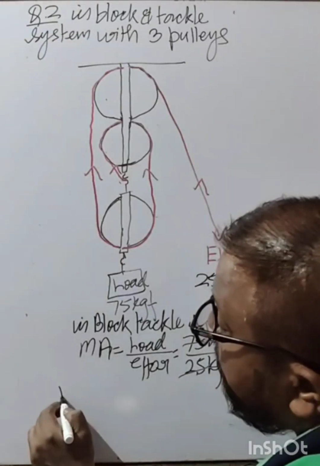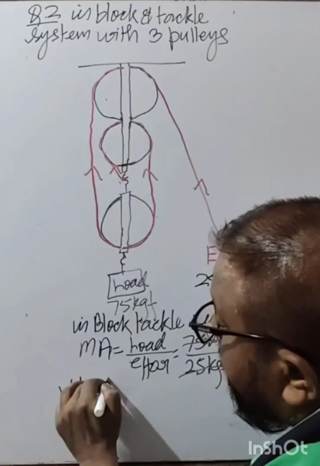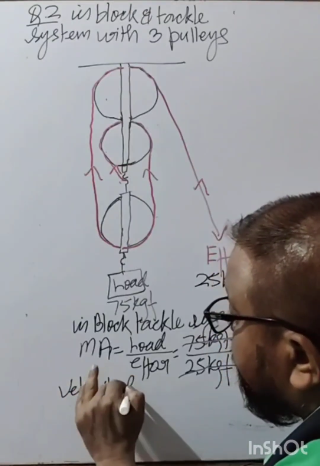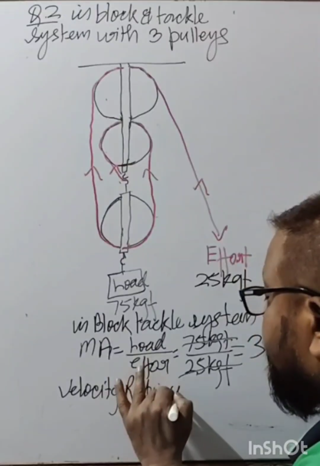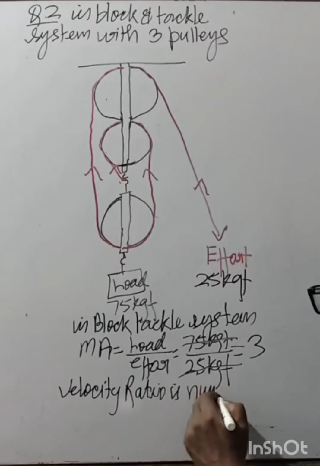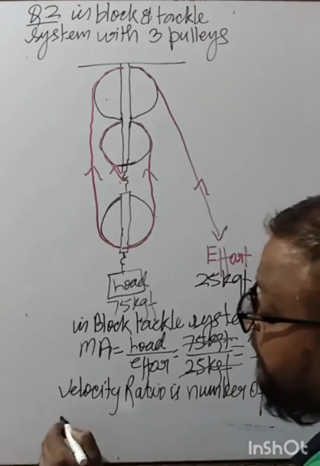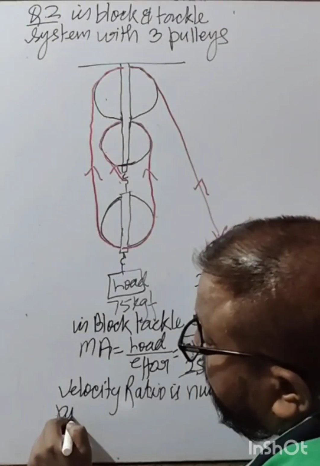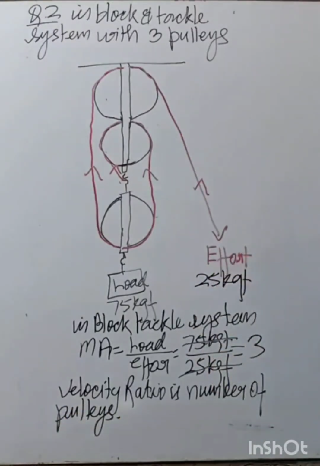And velocity ratio is number of pulleys.